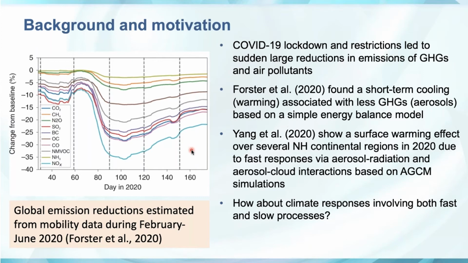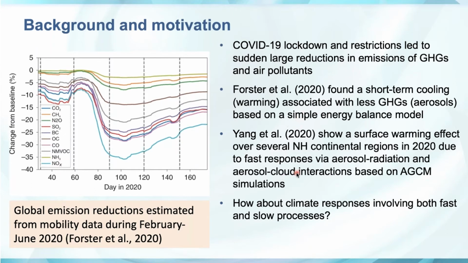All those reductions have triggered lots of research interest in the environmental and climate sciences community. We try to understand the impacts of these emission reductions. Many studies published in 2020 have shown discernible impacts on regional air quality and climate. For example, based on a simple energy balance model, Forster et al. found short-term cooling associated with less greenhouse gases compared to the baseline, and warming due to less aerosols.